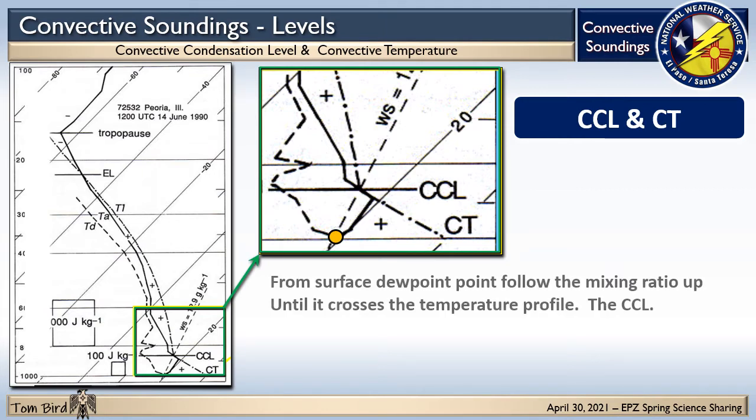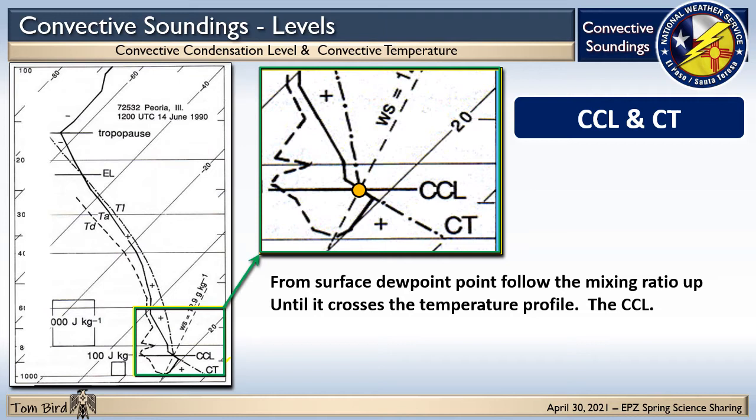So let's move on now to the convective condensation level and the convective temperature. For the convective condensation level, you simply follow the surface dew point up the mixing ratio line until you hit the temperature profile of the environment, and that's it. It's that simple. That's the convective condensation level, where you're going to see your cloud bases in general.